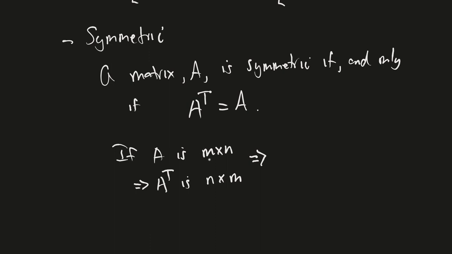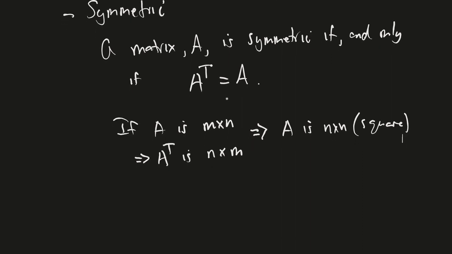So whatever is here would have to be equal to this, and similarly, whatever is here is equal to this. If you have the same number of rows and columns, then the conclusion is that A is n by n, meaning it is square. So in terms of the dimension, only square matrices could possibly be symmetric.